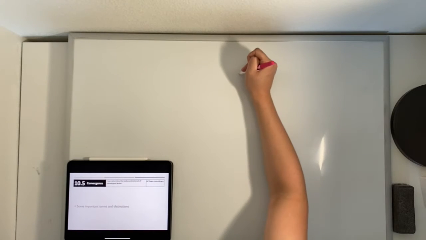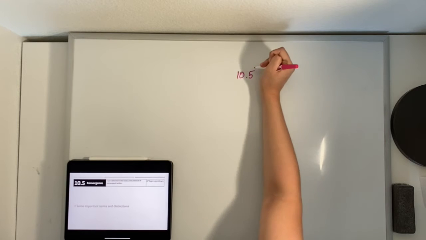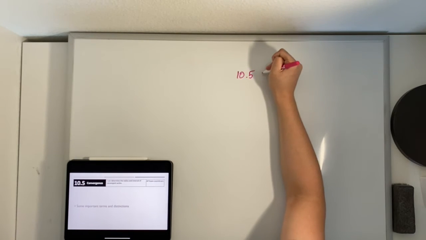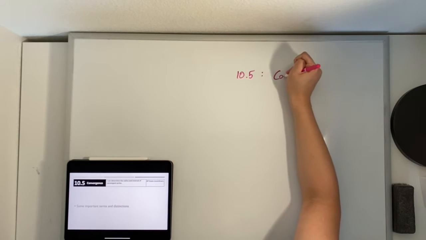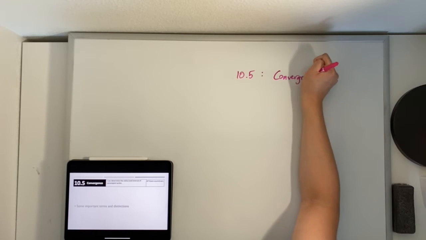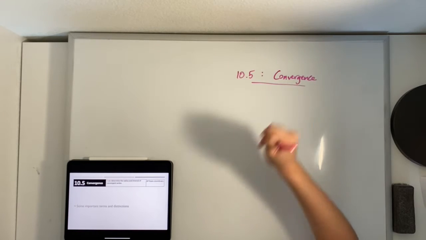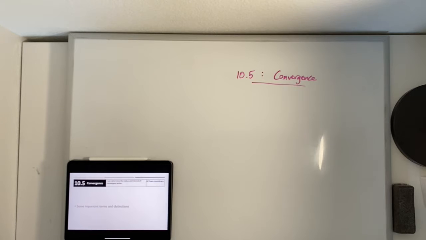Today we're starting our very last section of the year. Very sad, I know. Section 10.5, Convergence. Okay. Now, we've talked a lot about different types of series, of Taylor polynomials that approximate different functions and so on.